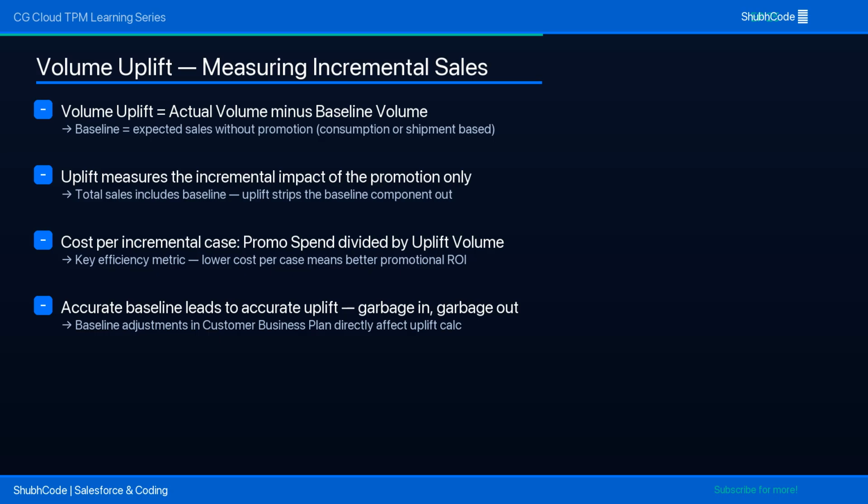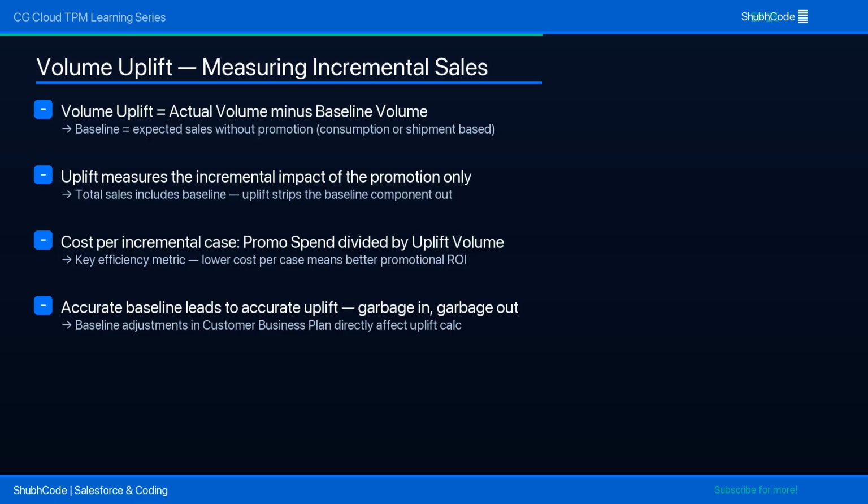Subtract that from actual volume, what you actually sold during the promotion period. The difference is your uplift. So if you expected 100,000 cases but actually sold 130,000, your uplift is 30,000 cases. Divide your total promo spend by that uplift and you get your cost per incremental case, a key efficiency metric for evaluating promotional tactics.